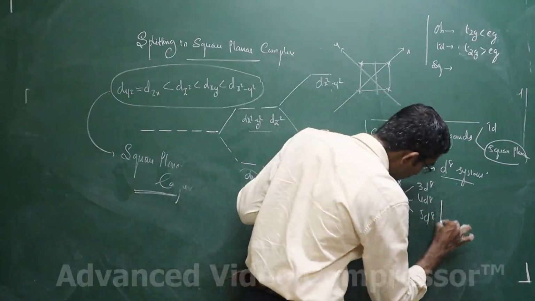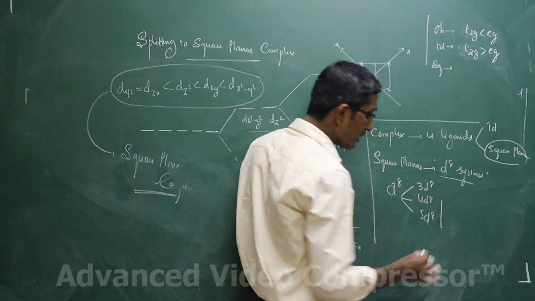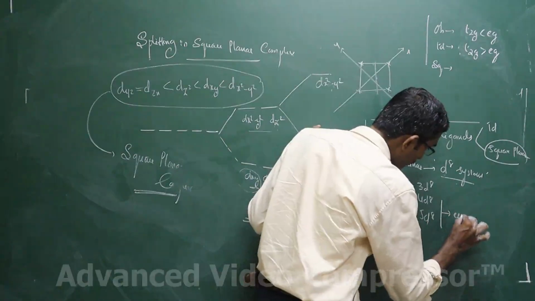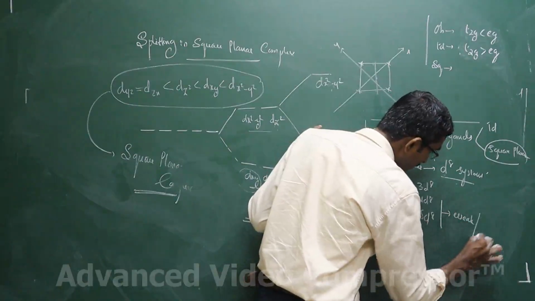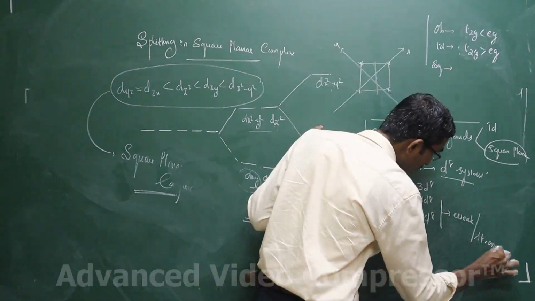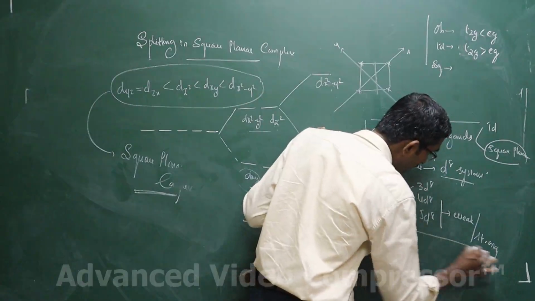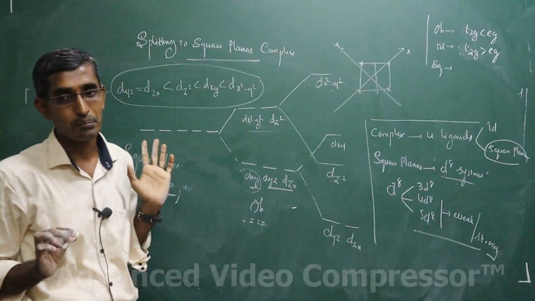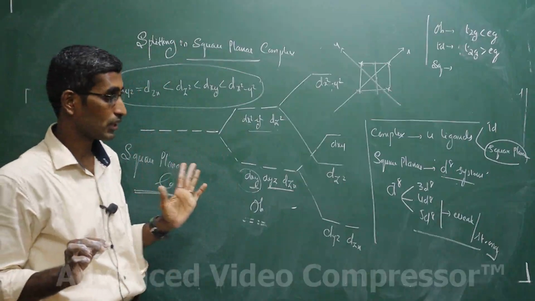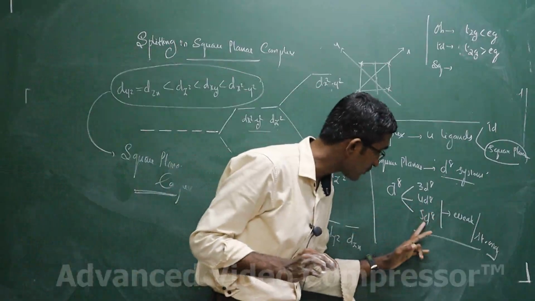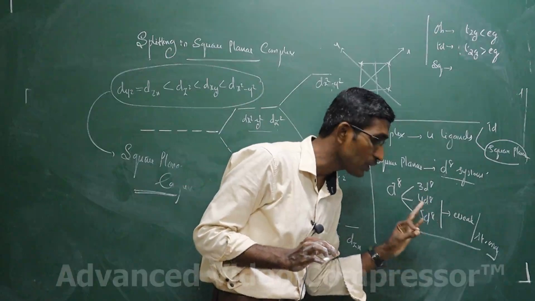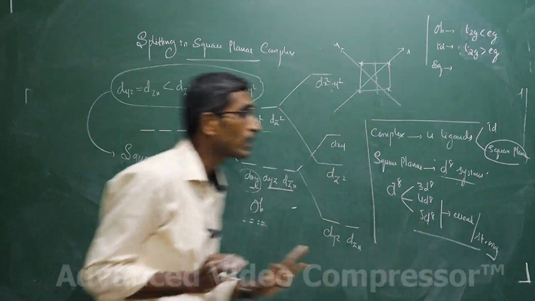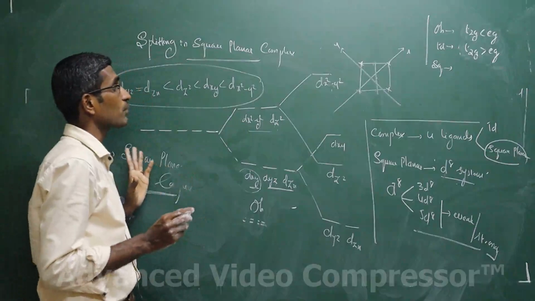For 4d and 5d, weak or strong doesn't matter. It will always and always form a square planar complex. Whether it is a weak field or a strong field doesn't matter.